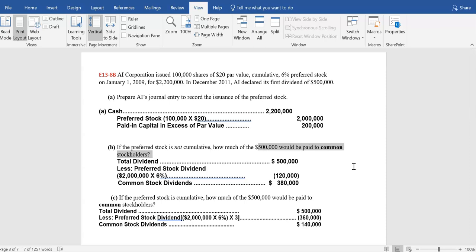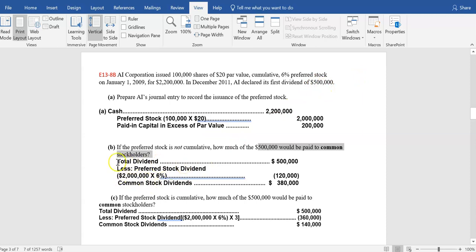So if a company does not pay a dividend in a particular year, we do not have to keep track of unpaid dividends and pay them to shareholders in the future. Because this stock is not cumulative, we're not worried about any unpaid dividends from the past. So we only need to focus on the current year's dividend of $500,000.